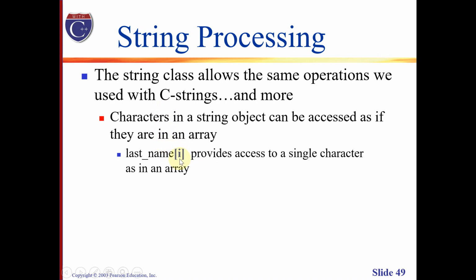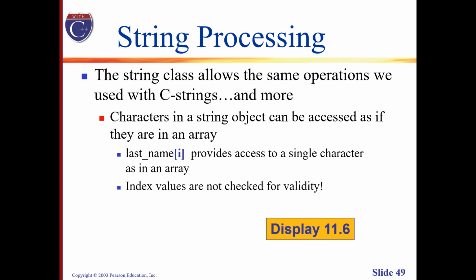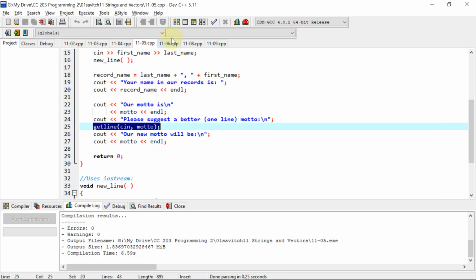As you can see here, you can specify the index number. Index values are not checked for validity, so you should be careful that you place the correct index number. Here's an example.